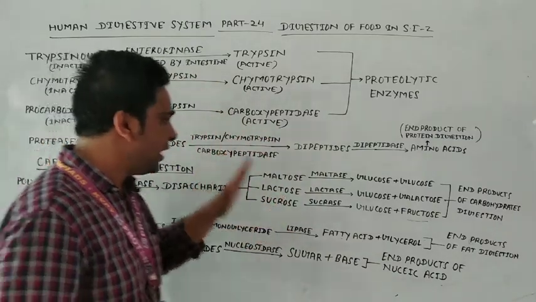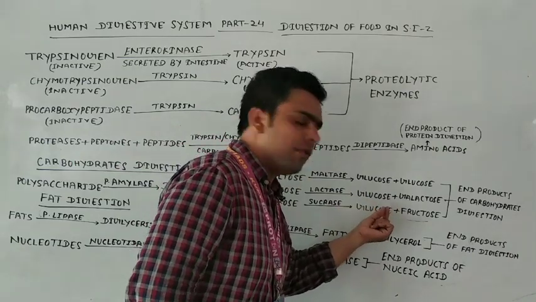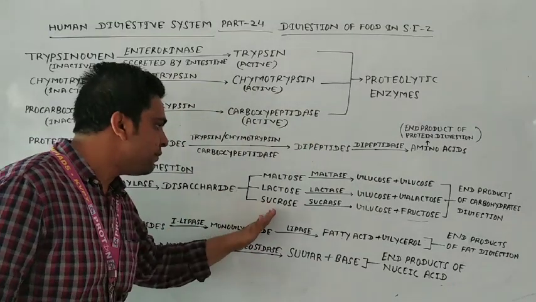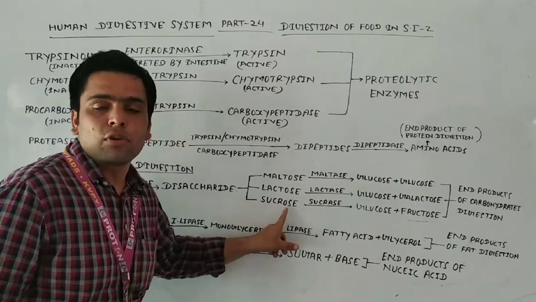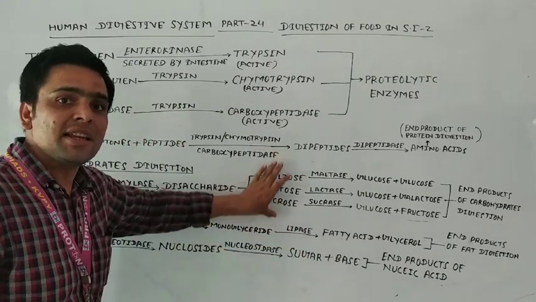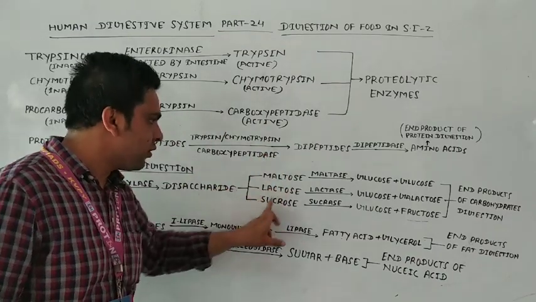Clear, students? And when one unit of glucose and one unit of fructose get mixed, they form a special type of disaccharide known as sucrose. Clear, students? So these special disaccharides are known as maltose, lactose and sucrose.